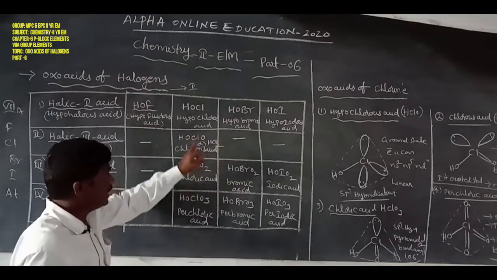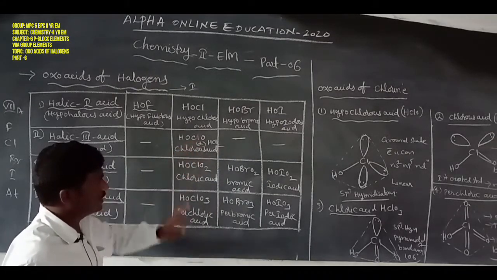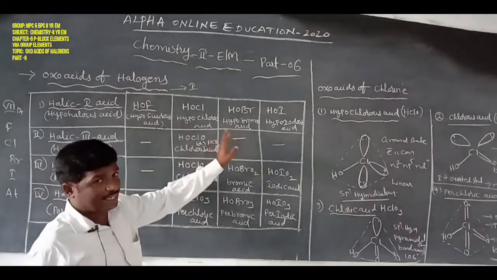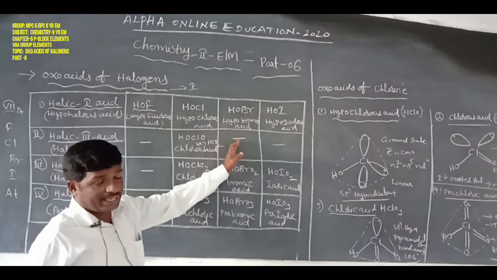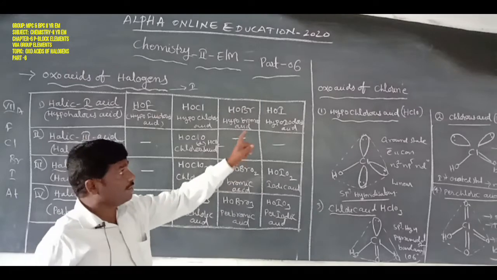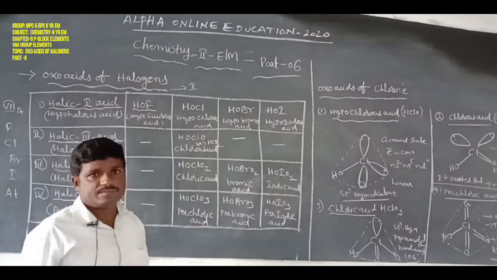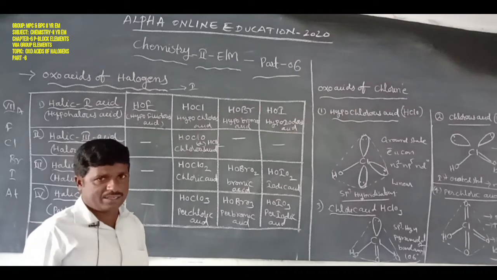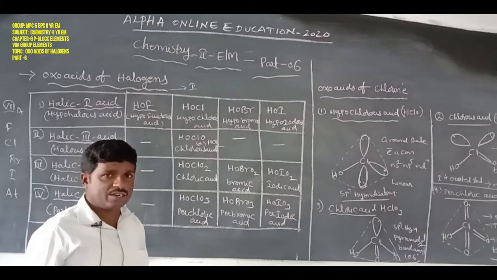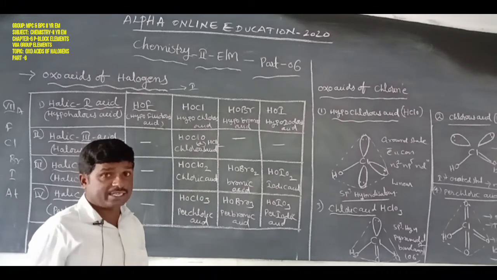Bromine does not form halic 3 acid, and iodine also cannot. These two elements do not form halic 3 acid because of their large atomic size.